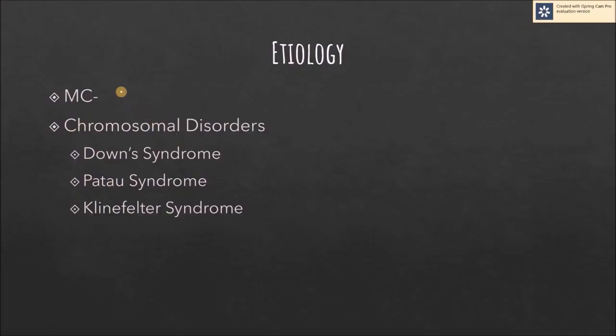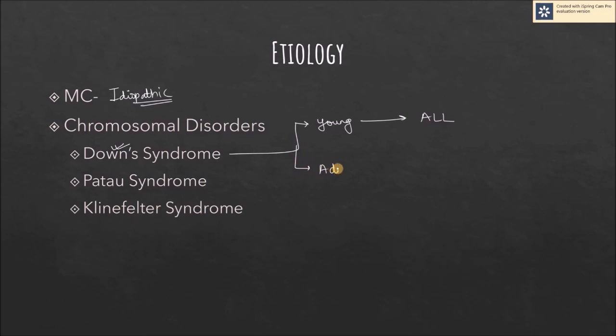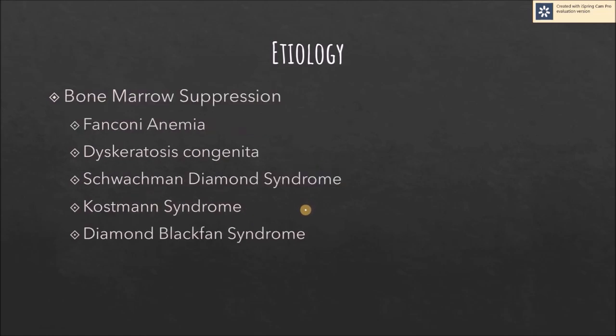Coming to etiology, the most common cause is idiopathic. It is associated with several chromosomal disorders like Down syndrome. Down syndrome in the young is more likely to cause ALL, whereas in adults it is more likely to cause AML. Patau syndrome and Klinefelter syndrome are also known to cause AML.